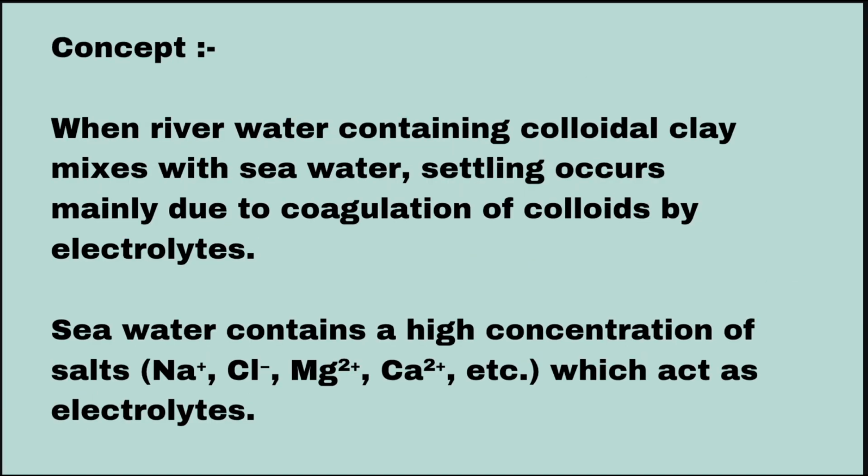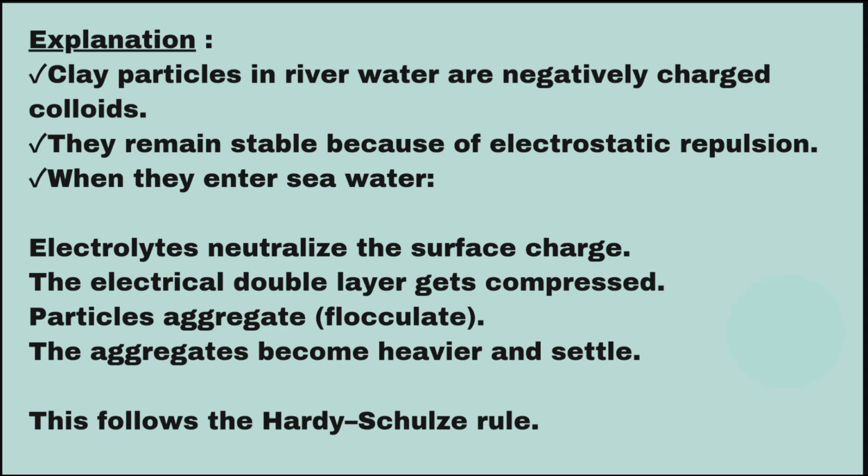Here the concept is when river water containing colloidal clay mixes with seawater, settling occurs mainly due to coagulation of colloids by electrolytes. So seawater contains a high concentration of salts, that is Na+, Cl-, Mg2+, Ca2+ etc., which act as electrolytes.